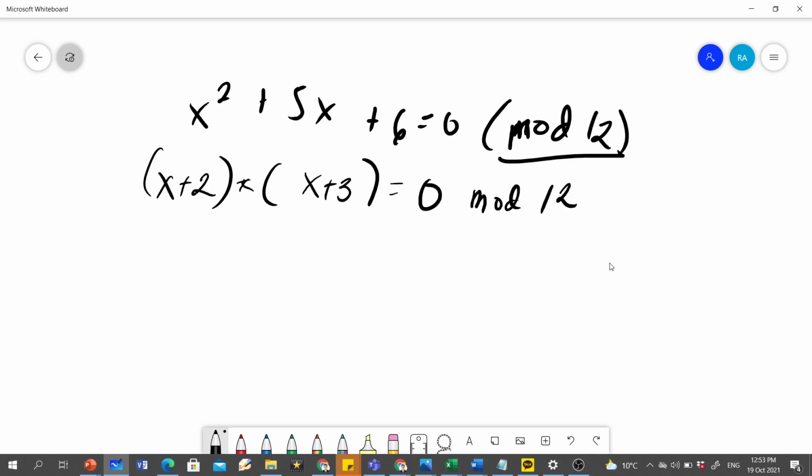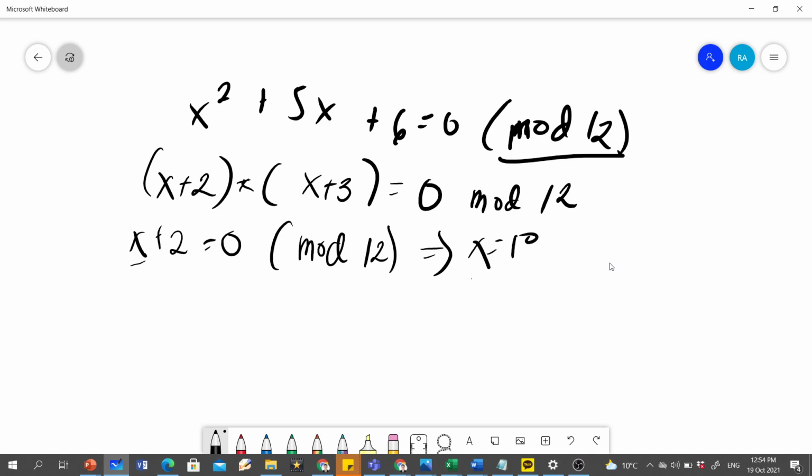If we look at each term, say x plus 2 equals 0, what should be the value of x so that the output is 0 mod 12? We're expecting the value 12 here. So the value of x should be 10, because 10 plus 2 is the same as 0 mod 12, and 0 mod 12 is basically 12.